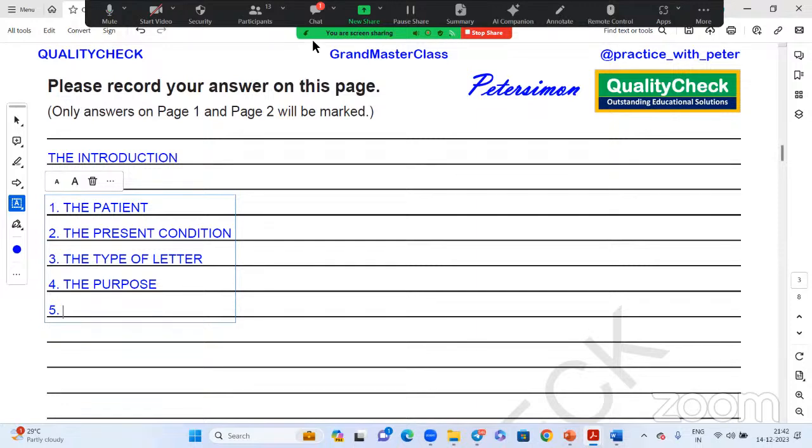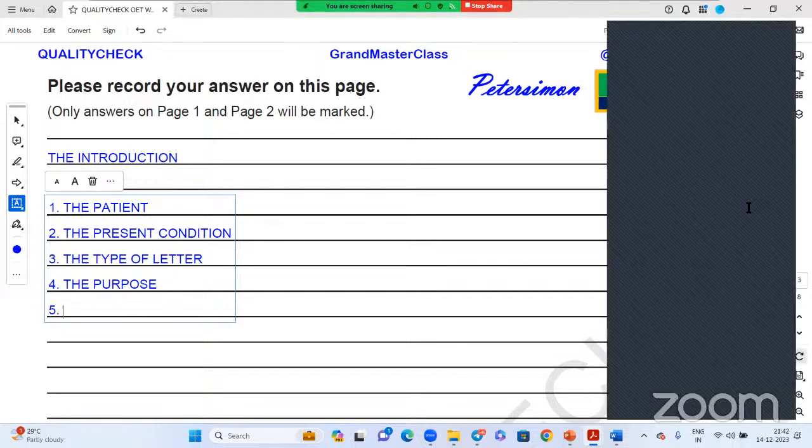Okay. So I hope you are able to understand. The purpose, that means the requirement. And next, what is it going to happen? What is it that you are going to do? So is he being discharged or transferred or referred?